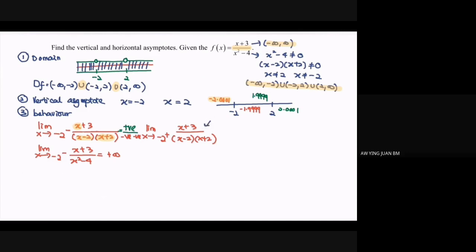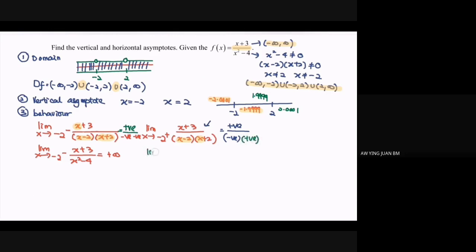Next part, we are going to focus on this part. If we substitute the value -1.9999 into this part, we will have a positive value for the numerator. Then let's have a look at this part, again we will have another negative value. If we substitute into this part, we notice that 2 is greater than 1.9999, so now we will have a positive value.